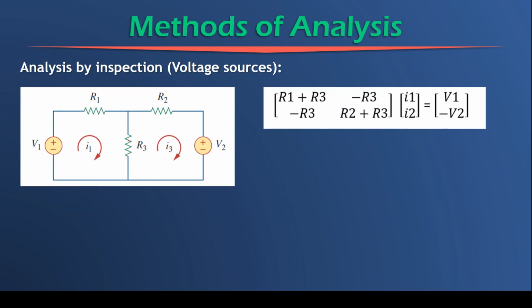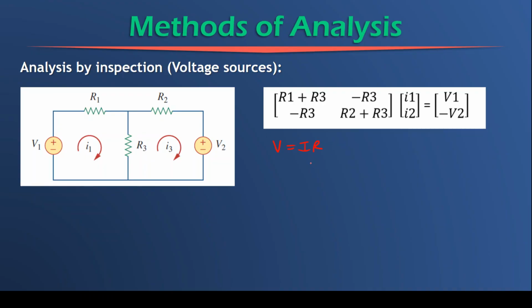And in the case of analysis by inspection, when you have voltage sources only, we start off by applying the very same analysis, which would be V is equal to the current times the resistance. And in this particular analysis, we're going to be using resistance instead of conductance.